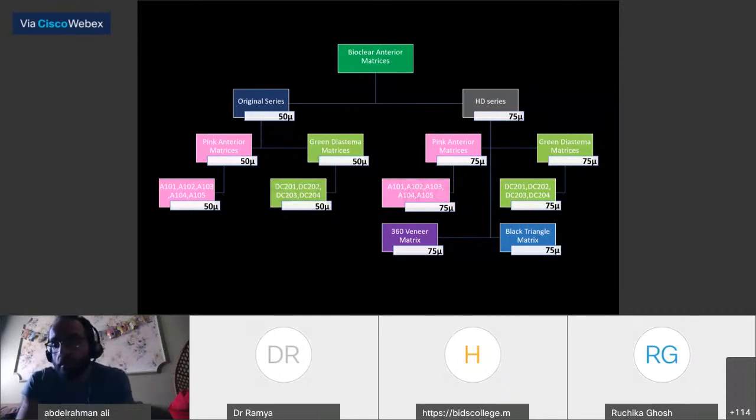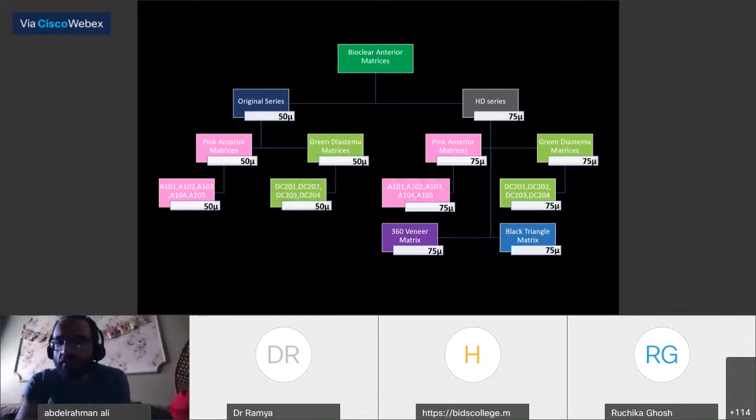After that, they realized that the thin matrix is not the best thing to use because it is very fragile. So it's easy to bend. So they started manufacturing thicker matrices, which are called HD matrices. All the new matrices that they came up with later, they only do in a thicker matrix.